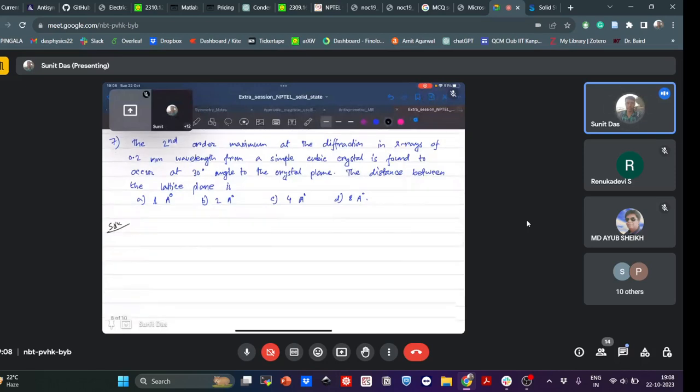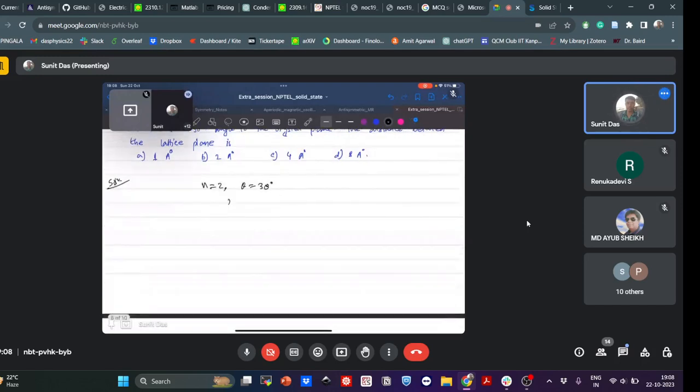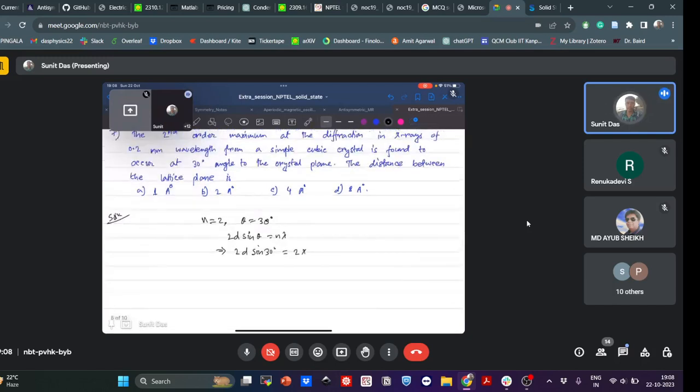So this is straightforward. n equal to 2, theta equal to 30 degrees, right? And we know 2d sin theta equal to n lambda. So 2d sin 30 equal to 2 times lambda, and lambda is 0.2 nanometer.